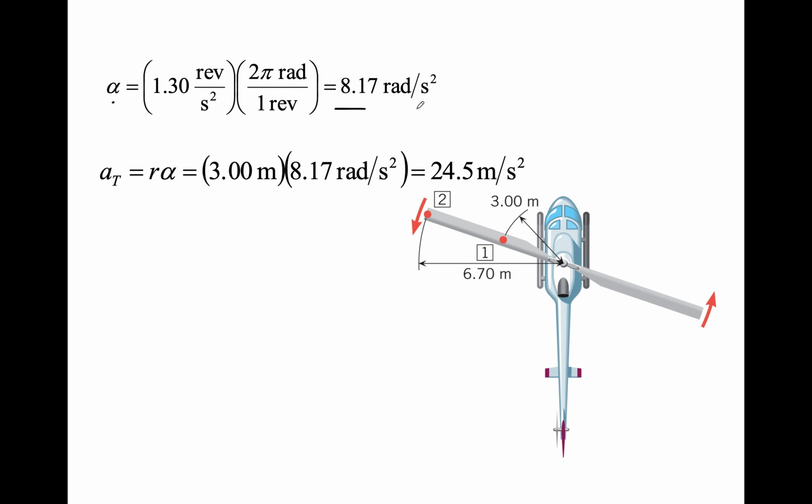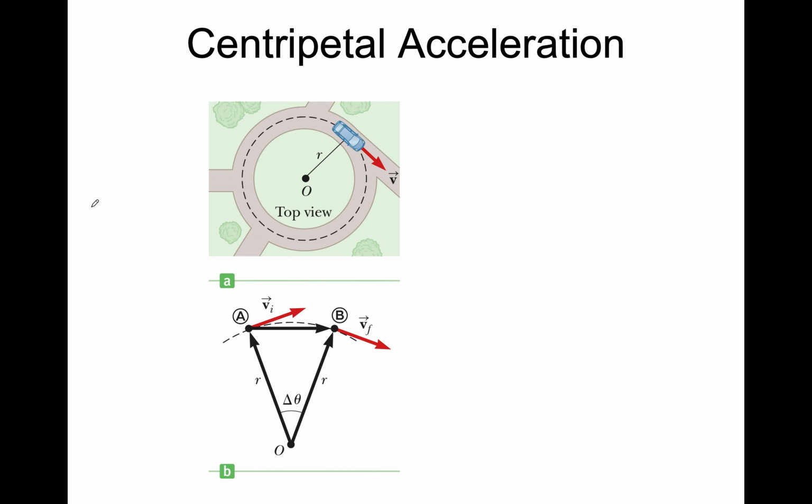We find the angular acceleration is 8.17 radians per second squared, and r is the distance from this point to the rotational axis, which is 3. The answer is 24.5 meters per second squared. This is the tangential acceleration. Okay.